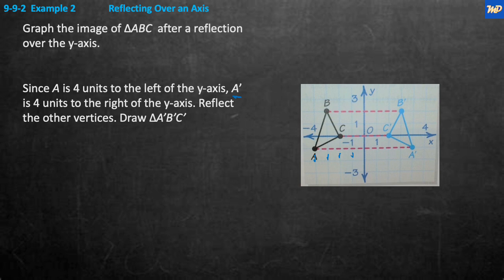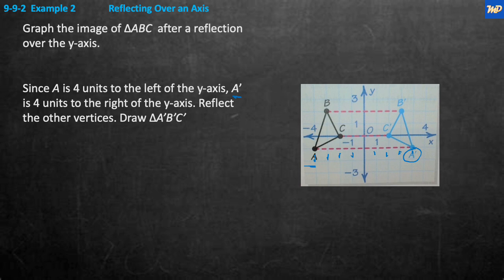The top and bottom are symmetrical, and if you flip it over, the top becomes the bottom and the bottom becomes the top. Here's A prime. A was over here. Now A prime is 1, 2, 3, 4 units to the right, and it's got its back up as opposed to its top.